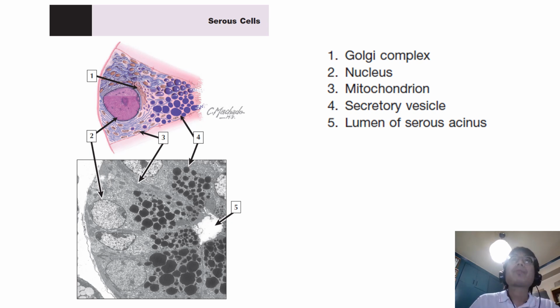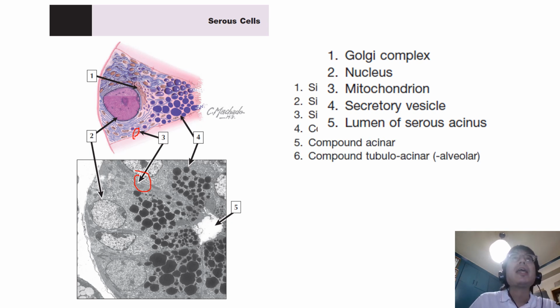Focusing now on the different labeled parts here, one is a Golgi complex. And of course, the prominent nucleus is seen here. We have some mitochondria over here labeled as number 3. And 4 is a secretory vesicle, one of many secretory vesicles in a serous gland.